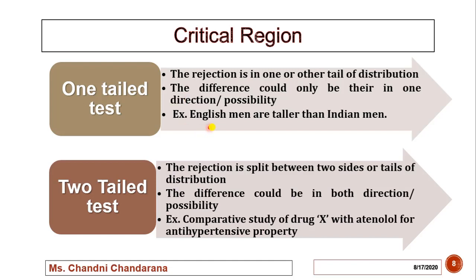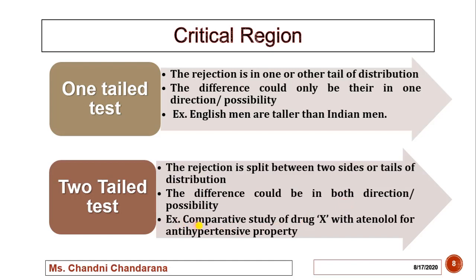For example, Englishmen are taller than Indian men. Only one difference, in one direction, that Englishmen are taller than Indian men. And what is a two-tailed test? It will get more clear. The rejection is split between the tails of the distribution, which means it is two-sided. The difference could be in both directions.